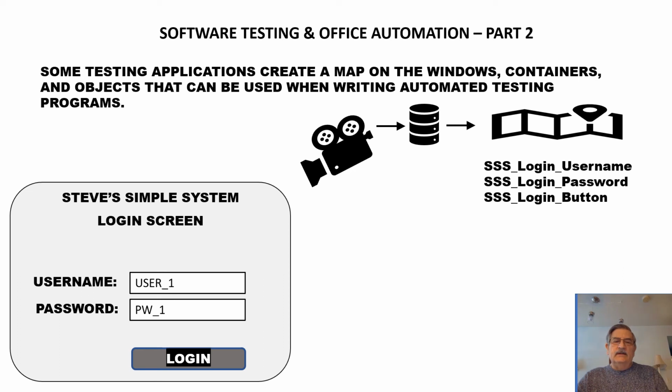It might add the name that the programmer gave it. It might put X and Y coordinates there if it's really getting confused. It might know it's a special kind of object, like a text edit field or a button, and it makes a map. And you can use that map in these software testing applications to write code.